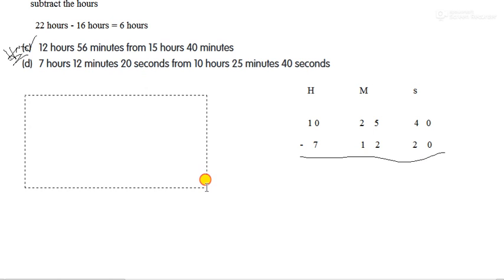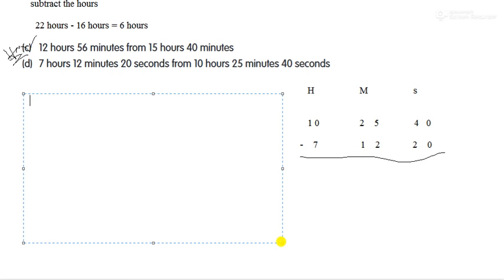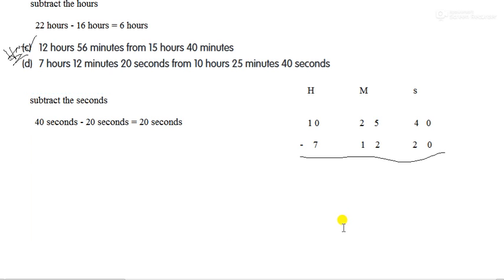Now subtract the seconds. Here the seconds are 40 seconds minus 20 seconds. 40 minus 20 is 20 seconds. So write the 20 in the seconds column.